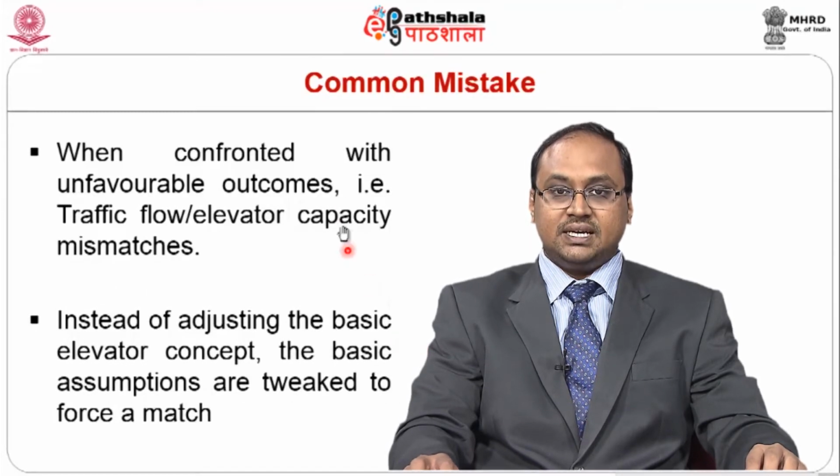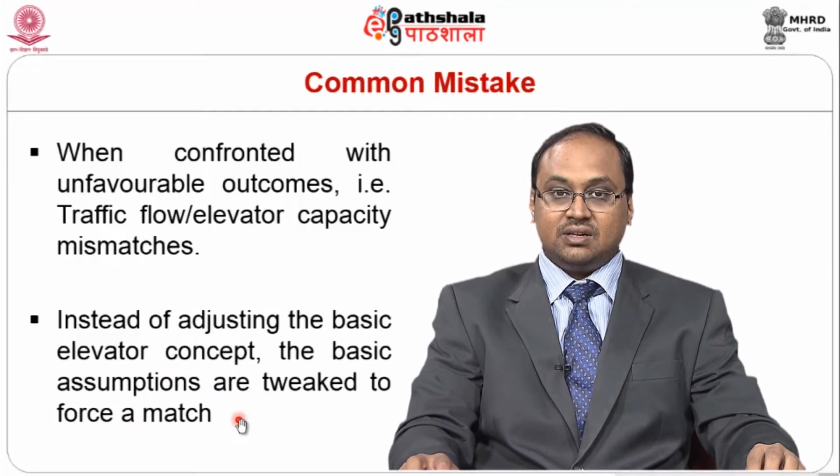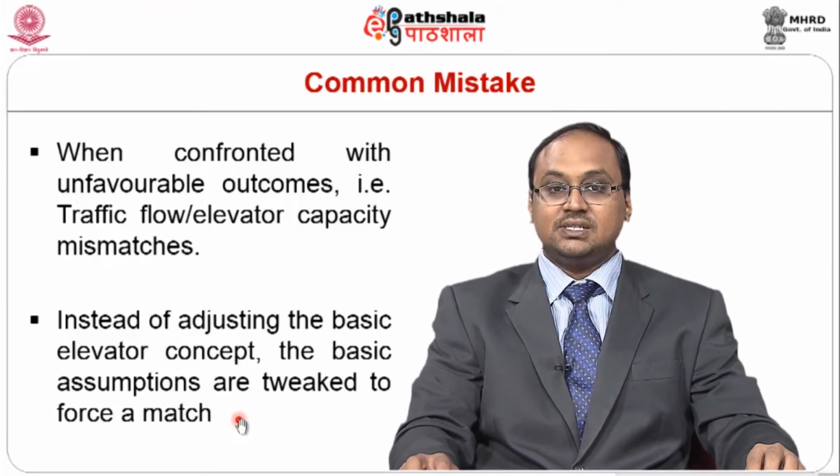Some common mistakes we tend to commit when designing elevators: when confronted with unfavorable outcomes, that is traffic flow or elevator capacity mismatches, instead of adjusting the basic elevator concept, the basic assumptions are tweaked to force a match, and then when the work is executed, the end users are in trouble.